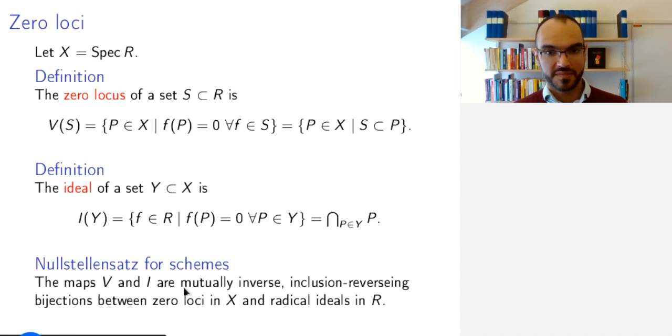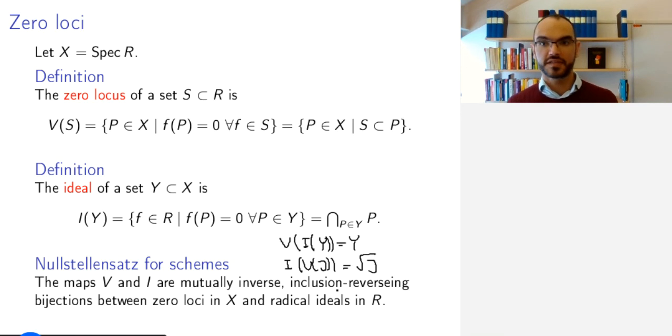So these two maps are mutually inverse, inclusion reversing bijections between the zero loci of X and the radical ideals of R. So again, we have V of I of Y is Y, and I of V of J is the radical of J. Proving this is very analogous to the proof of the Nullstellensatz for affine varieties that you have already proved.